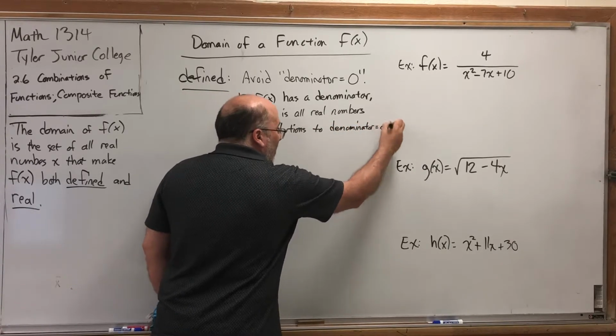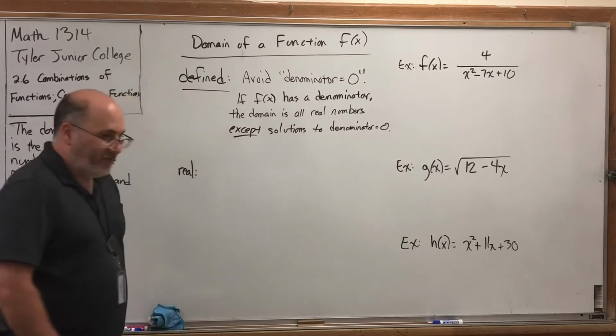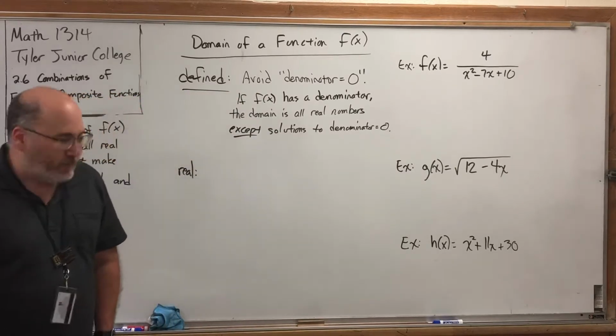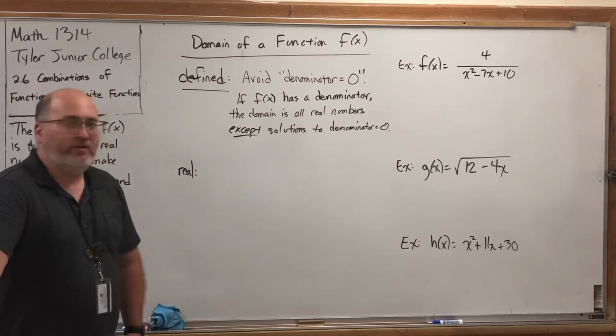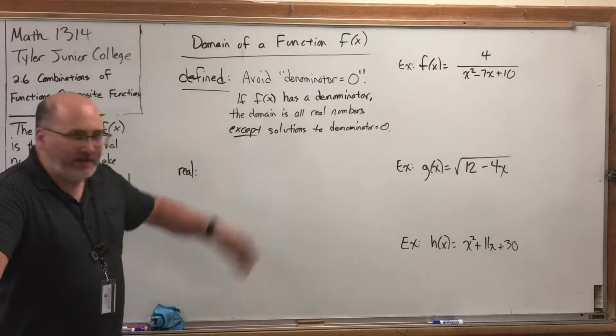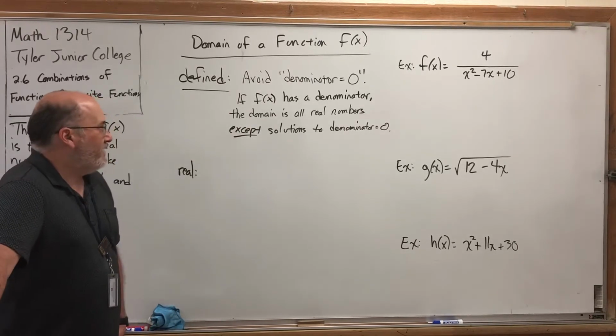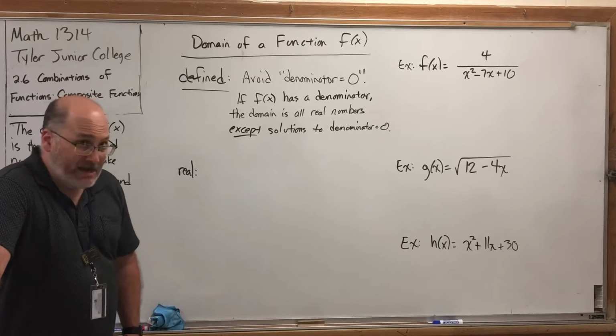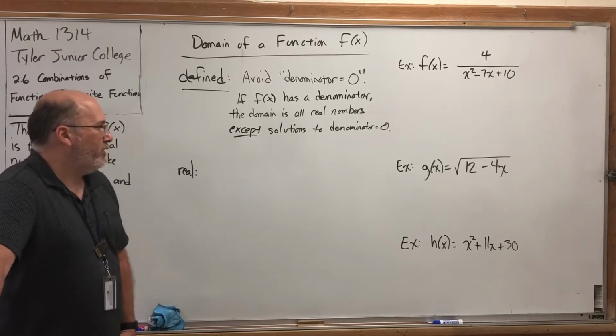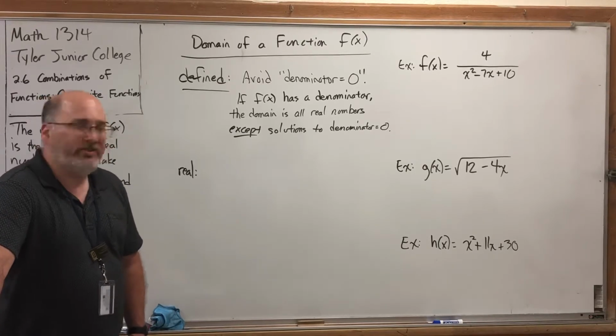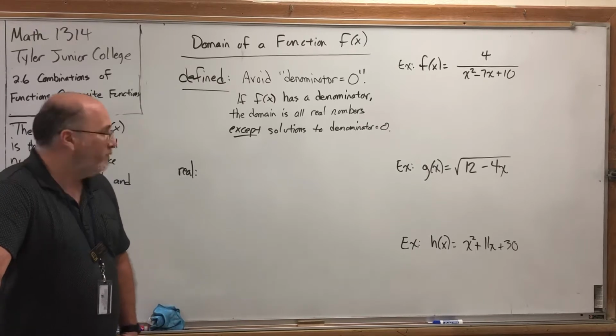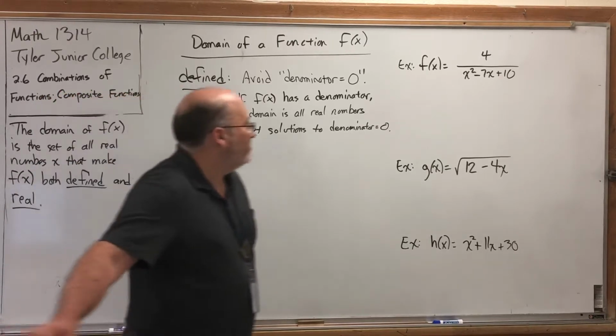In the back of my mind, I'm thinking to myself, but what if the function has other domain issues? But for now, let's just assume that we're focusing on a function with the denominator, like the top one over there. To find the domain, we have to solve the denominator equal to 0 and then state that the domain is everything except that. So let's go ahead and take a look at this example.